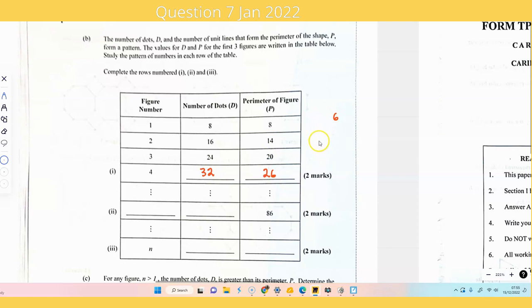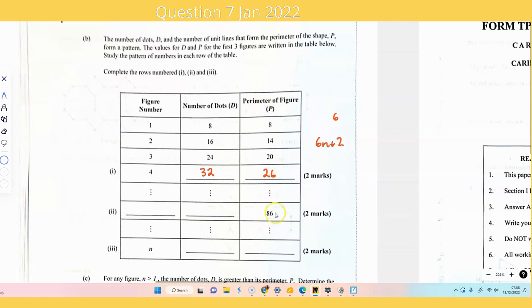So you can write 6n, and then you look at this number and figure out how big it is from 6. It's bigger than 6 by 2. If it's bigger, you add 2. So it's 6n plus 2. So the formula for the nth term for the perimeter would be 6n plus 2.